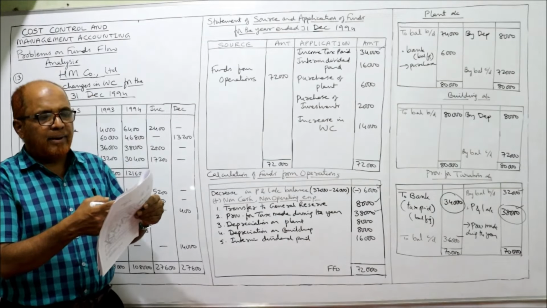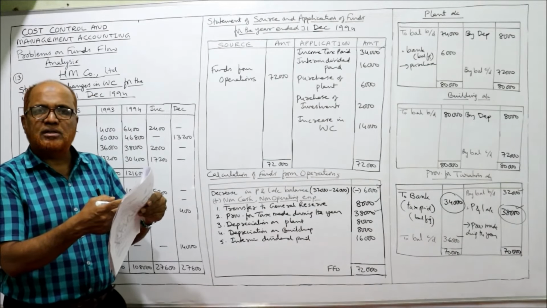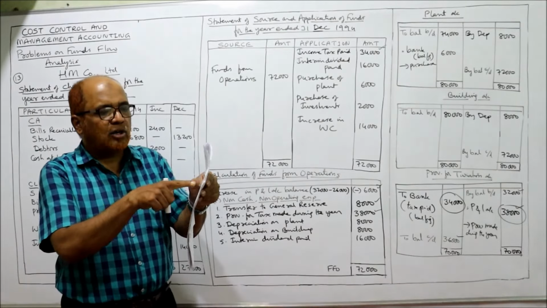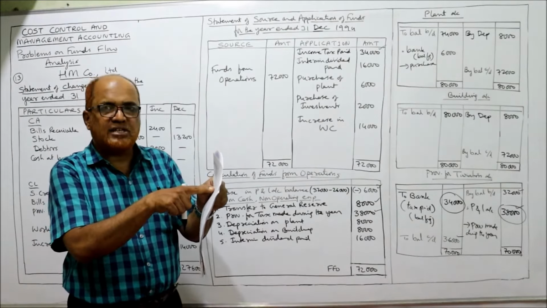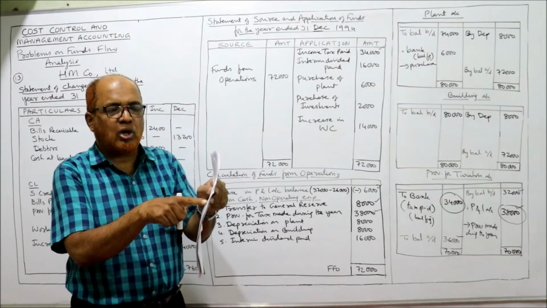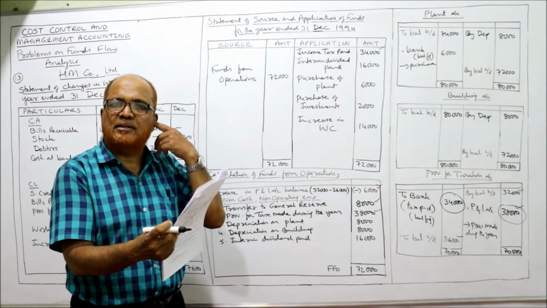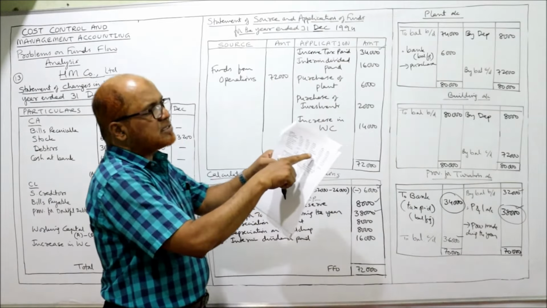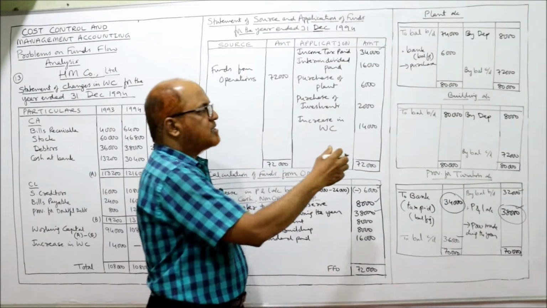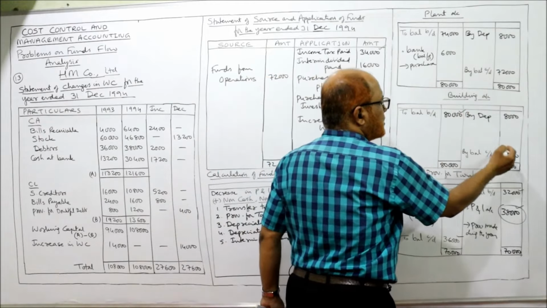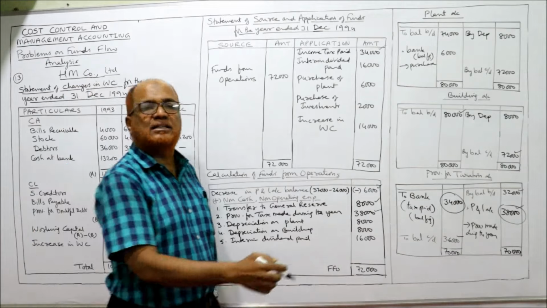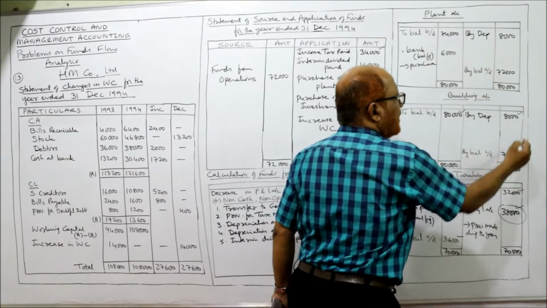Then building. Building last year 80,000, current year 72,000. And how much depreciation provided on building? See the adjustment, first adjustment. Depreciation charged on plant 8,000, building 8,000. So here I have prepared the building account. Last year balance 80,000, current year 72,000, and depreciation provided on building is 8,000.